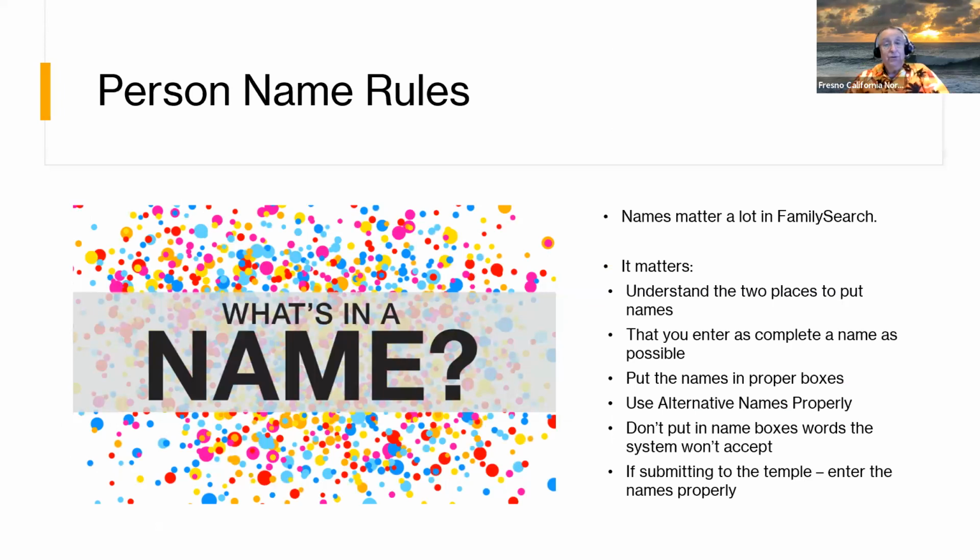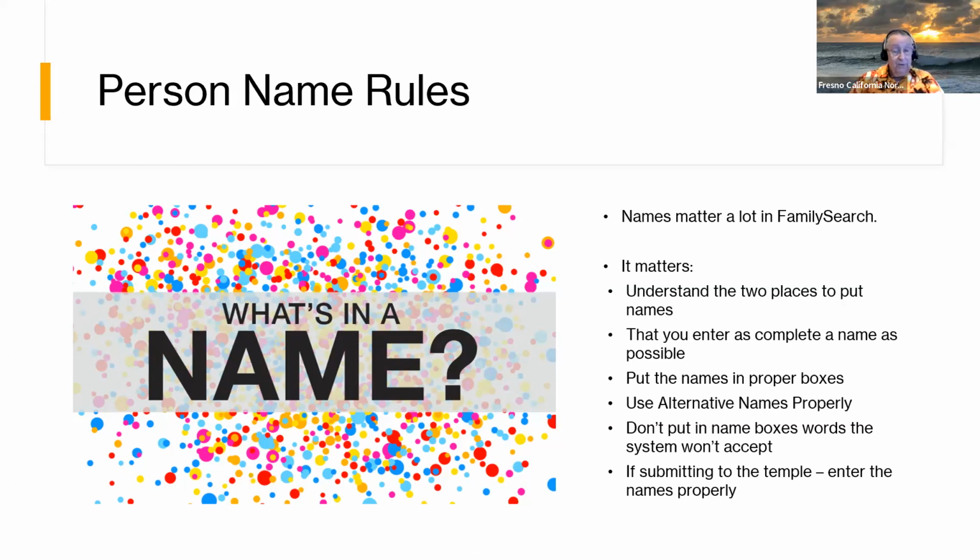Okay, person name rule. Names do matter a lot on FamilySearch. It matters a lot to us when we do research. And what we need to do is make sure we understand the 2 places that we put names in, understand those boxes, try to enter as complete a name as possible for people, put the names in the proper boxes, learn to use alternative names properly.